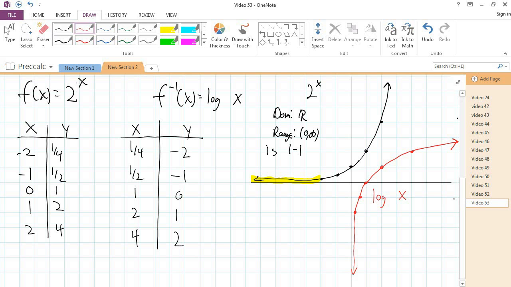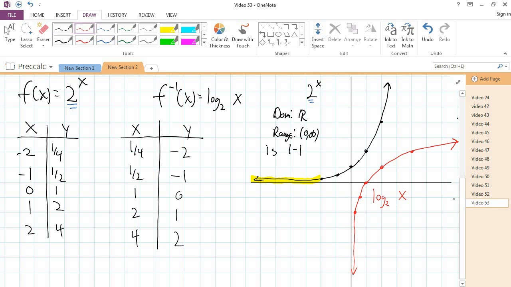And the difference between the exponential functions is that their bases are different. So this particular exponential function has 2 as a base. Therefore, its inverse logarithm also has 2 as a base. This is log with 2 as a base of x.